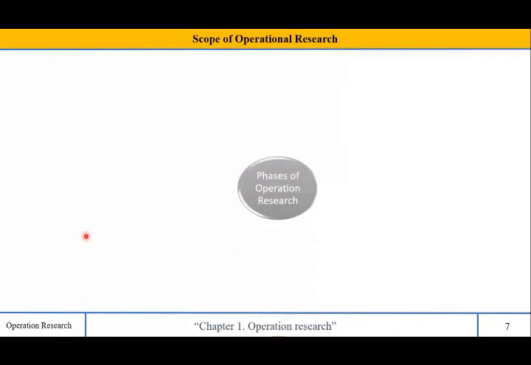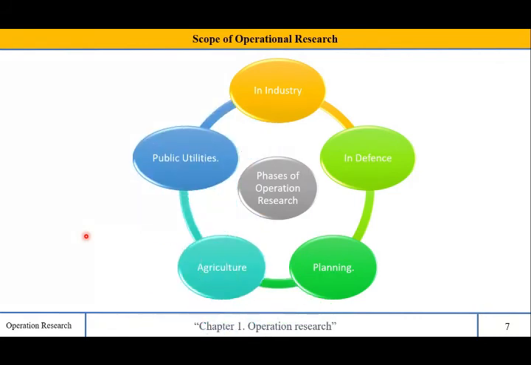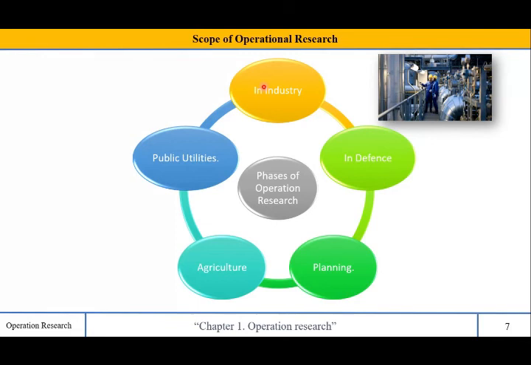Now, scope of operational research. It is used in industry, defense, planning, agriculture, and public utilities. In industry, like we had one definition, operational research becomes a technique in the creation or production of our products. So the applications are in industry also.